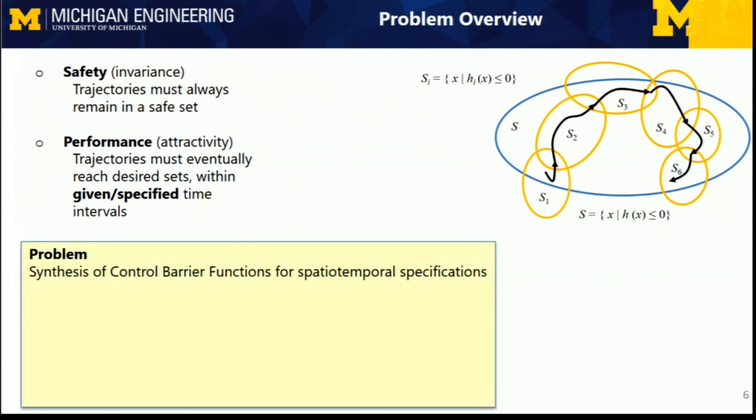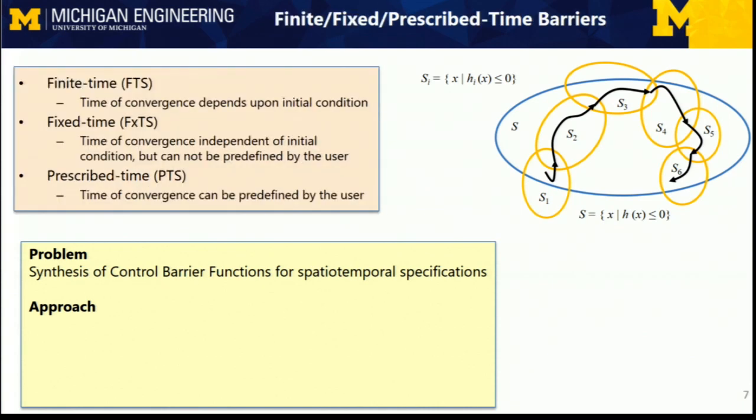the spatiotemporal constraints. So the approach that we have followed is to incorporate tools from finite time and fixed time stability. And I will define what we mean by finite time and fixed time stability more formally in the next slides.